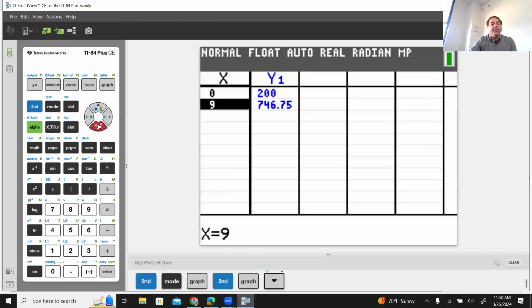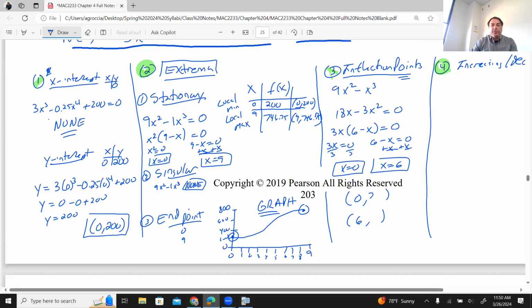We already got 0 in there, and we're going to add 6. So 200 and 524. Now remember, that is where it changes from concave up to concave down. So let's go look at it. Let's go to the graph.